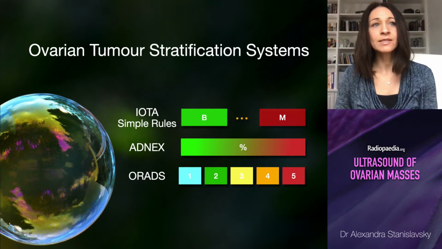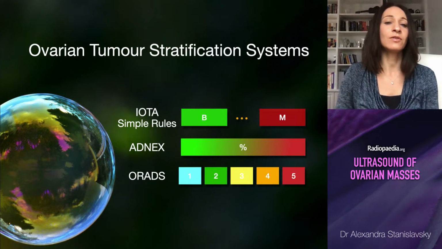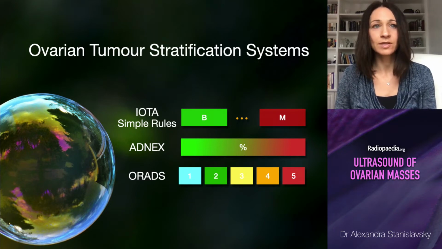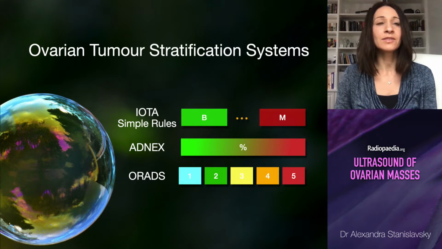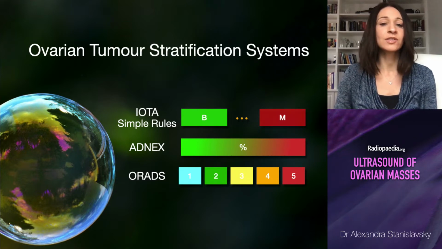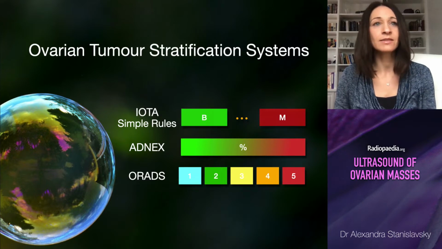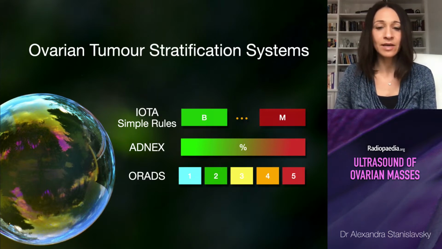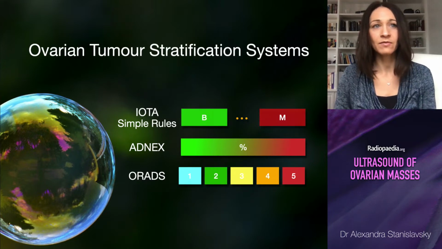And O-RADS is essentially the American cousin of ADNEX and IOTA. It was developed in conjunction with the IOTA team and it was also based on the IOTA data sets, but has adopted the familiar RADS structures such as BI-RADS and TI-RADS, where the risk of malignancy is subdivided into categories from 1 to 5, with 1 being normal and 5 being a high risk of malignancy.